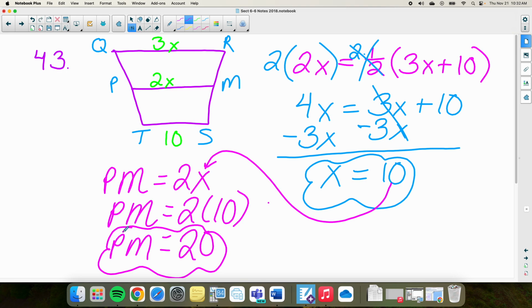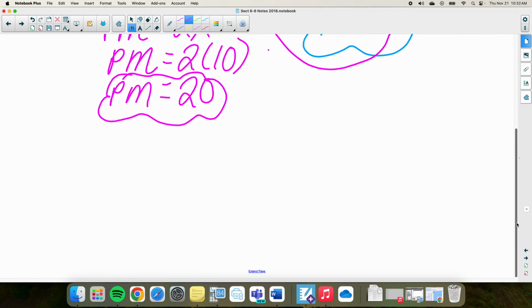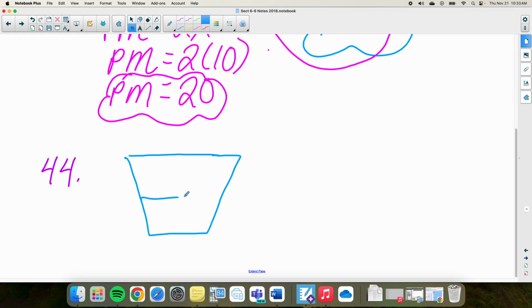Okay. Then now we're gonna do number 44. Okay, so number 44, if we draw the trapezoid, it is QR, PM, and TS.